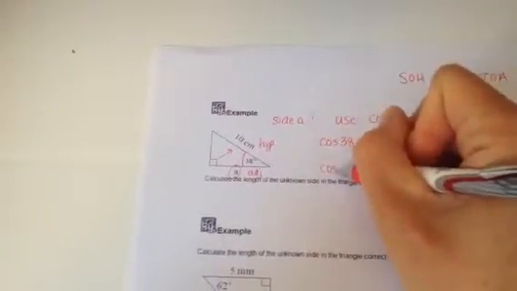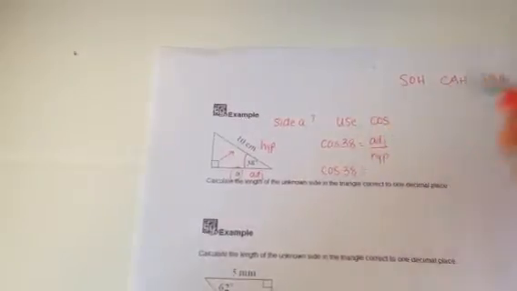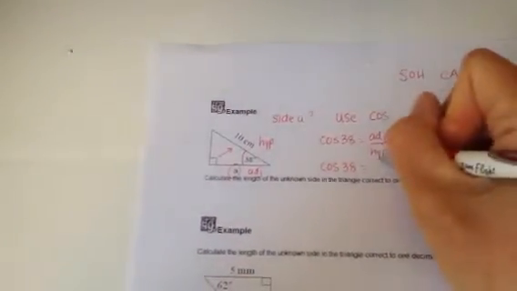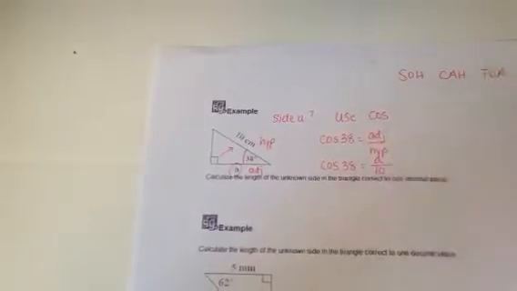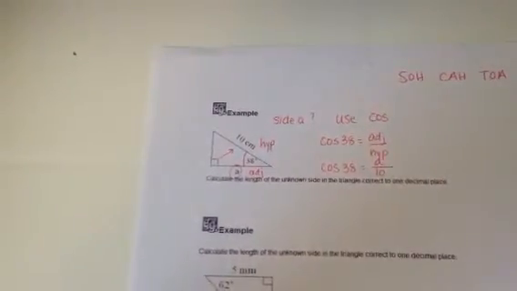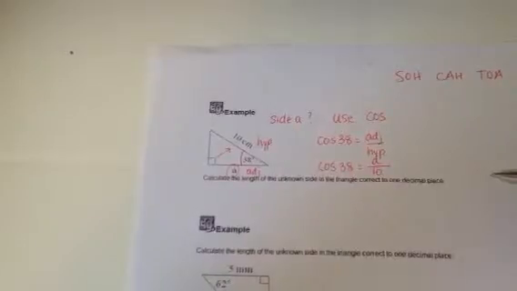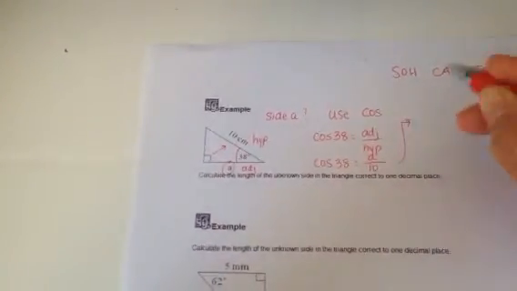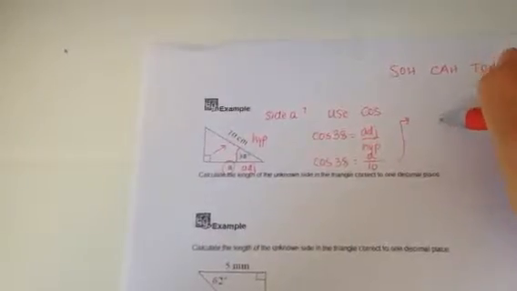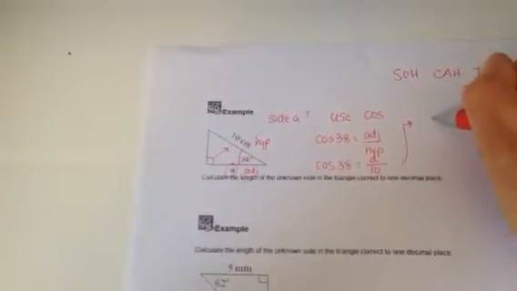So we can plug that in, cos 38. The adjacent is the A, that's what we're looking for, and the hypotenuse is 10. Now, to find A, this is a bit of a cross multiplication type question. So A over 10 is a ratio.